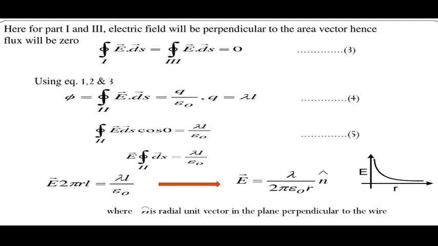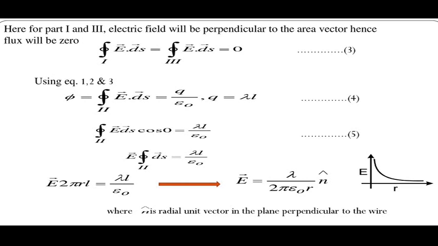Here we can substitute Q with lambda times L, where lambda is the linear charge density. Since the electric field and area vector are in the same direction, the angle between them is 0. So we come to equation number 5.